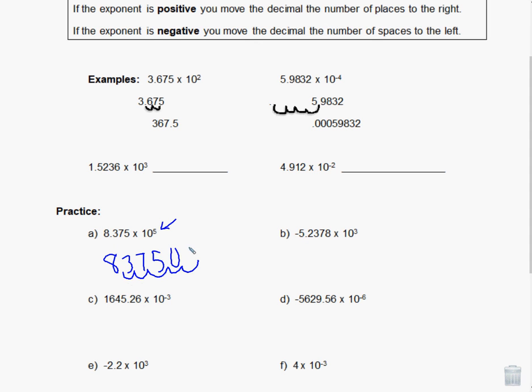And I fill in the gaps with zeros. And there I go. That's my answer in standard form. I don't care that this number is negative. I keep the negative there because I look at this power, it's positive, so I still have to move the decimal to the right. 1, 2, 3. So that's what it becomes.